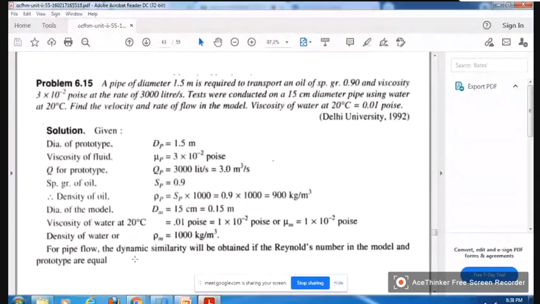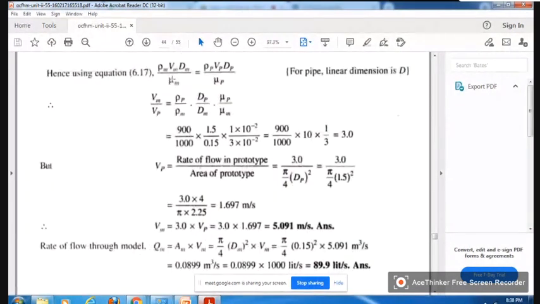Now using the Reynolds number for the model: rho model, V model, D model by mu model is equal to rho prototype, V prototype, D prototype by mu prototype. And from this, Vm by Vp is equal to rho P by rho M.